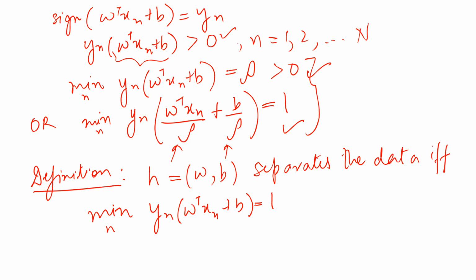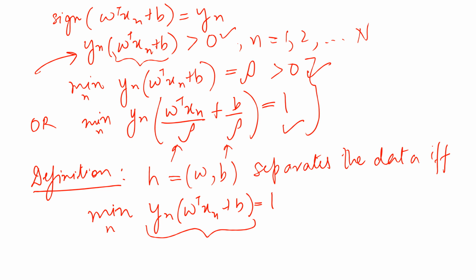Earlier, when we were separating the data, we could separate it with an arbitrarily small positive value for yn times the signal. Let me show you what I'm talking about. Now we are saying that the minimum of this signal, by which I mean this entire thing on the left-hand side, must be +1.